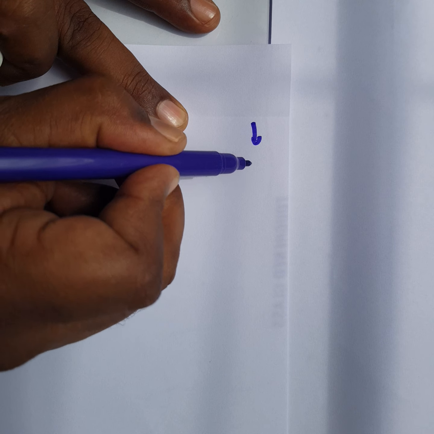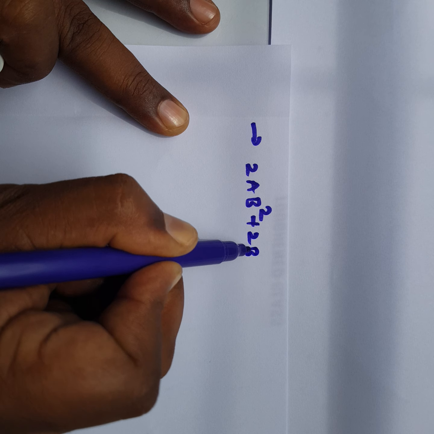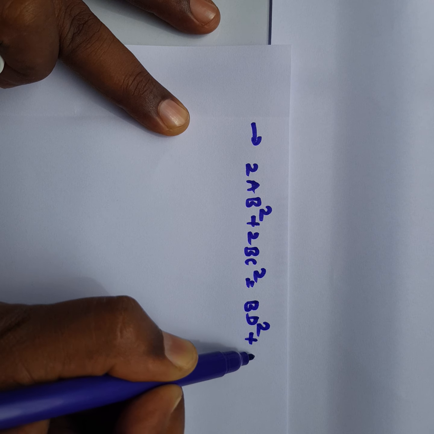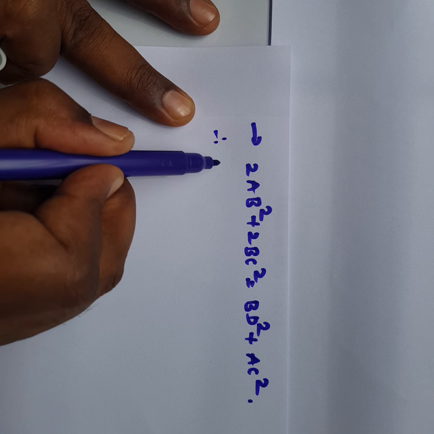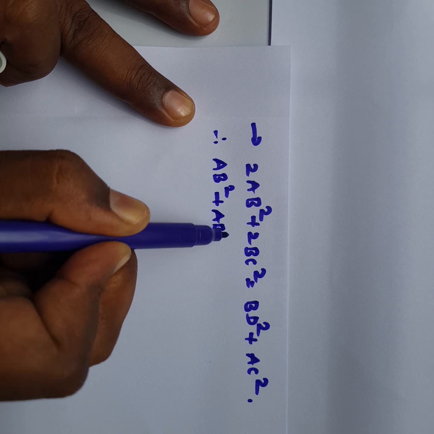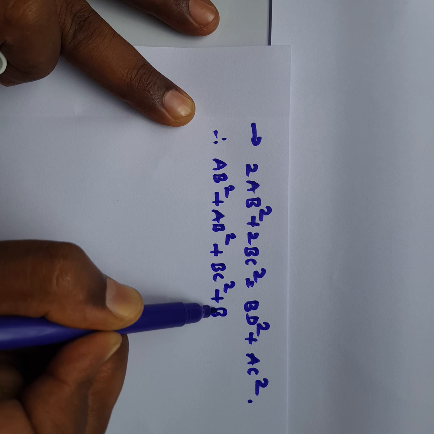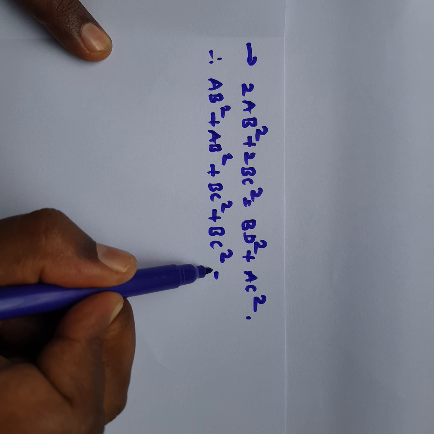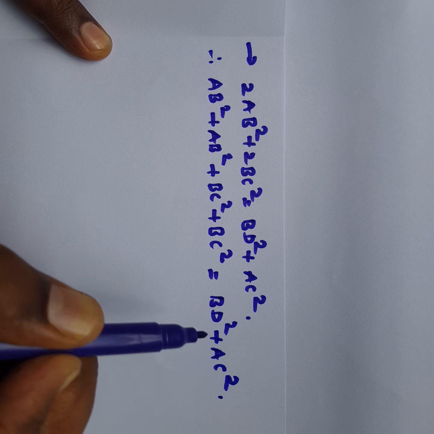If we multiply by 2, then we get 2AB square plus 2BC square is equal to BD square plus AC square. Here we can write 2AB square as AB square plus AB square and 2BC square as BC square plus BC square, is equal to BD square plus AC square.